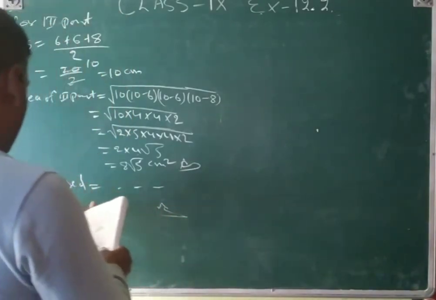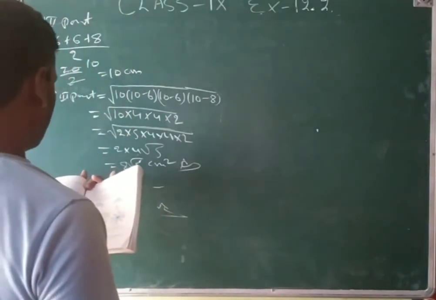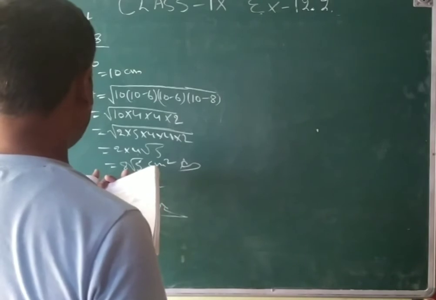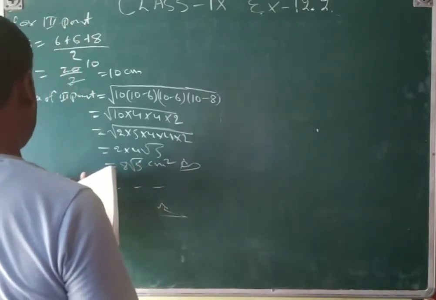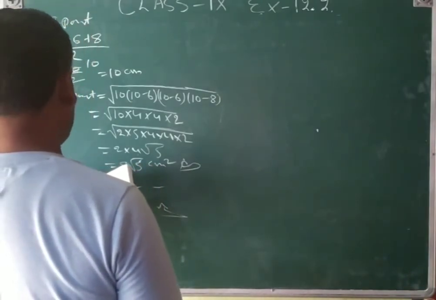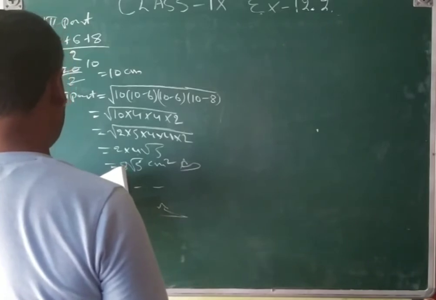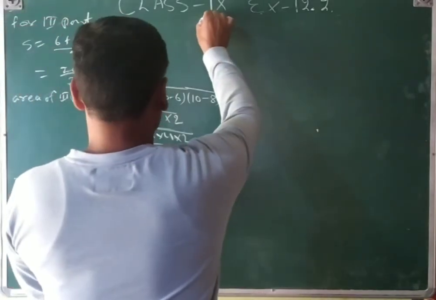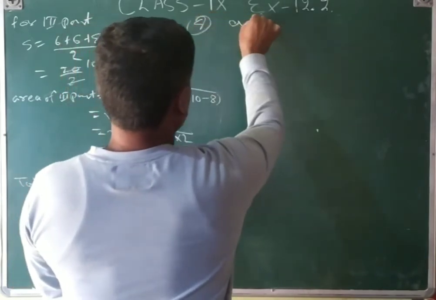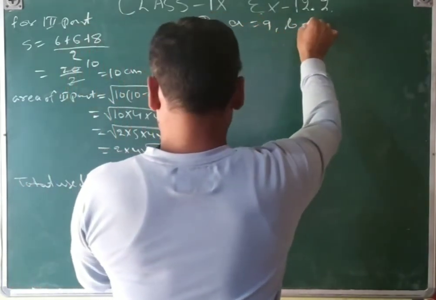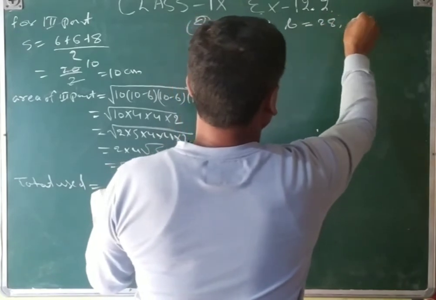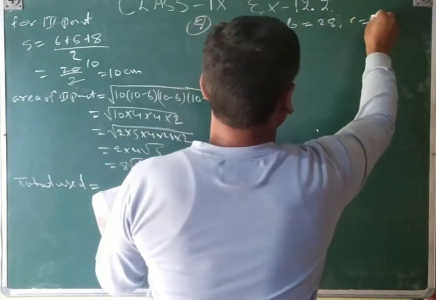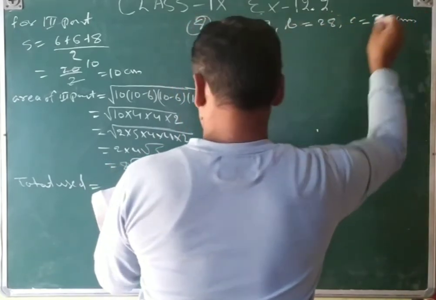A floral design on a floor is made up of 16 tiles which are triangular. The sides of the triangle are 9, 28, 35. So A is equal to 9, B is equal to 28, C is equal to 35 centimeter.